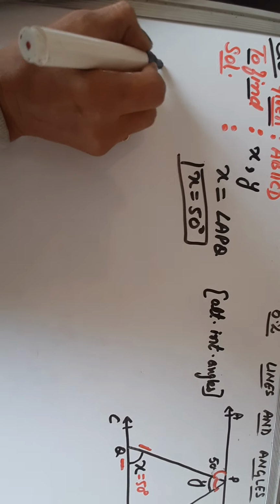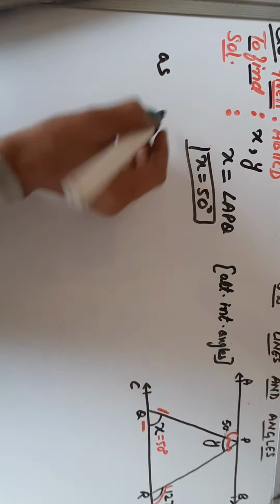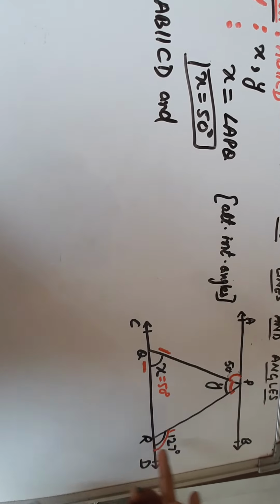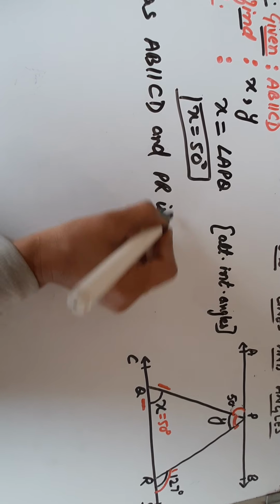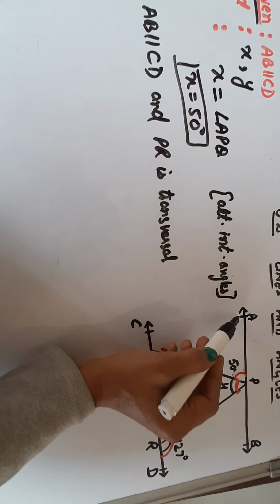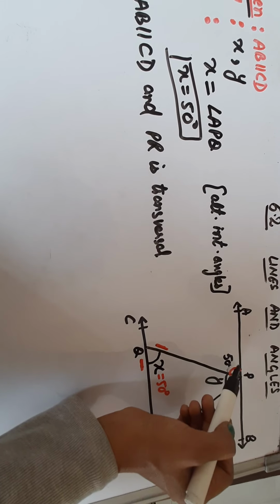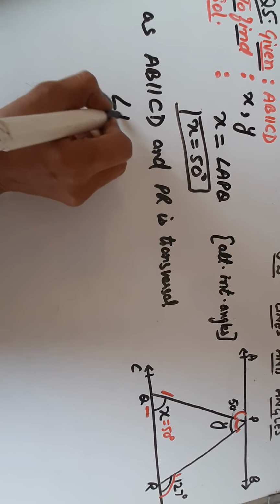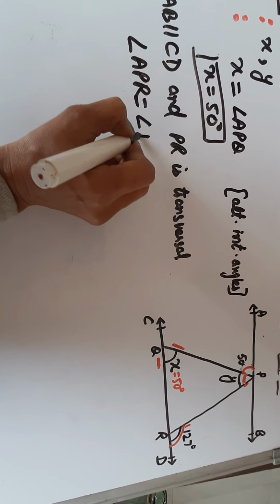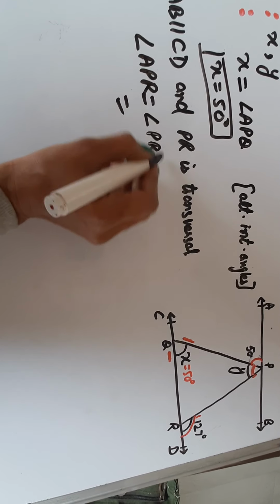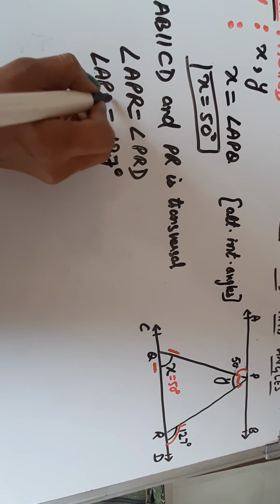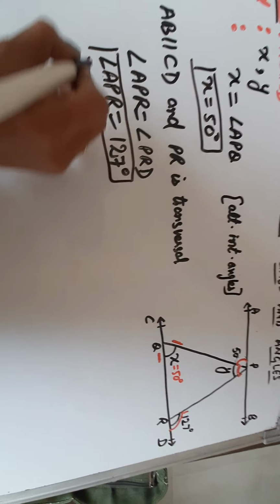Now as AB is parallel to CD and PR is a transversal, therefore angle APR must be equal to angle PRD, and this is given to us as 127 degrees. So angle APR from here will be 127 degrees.